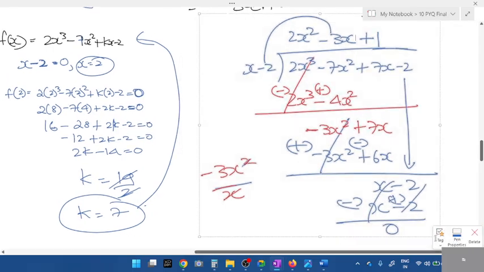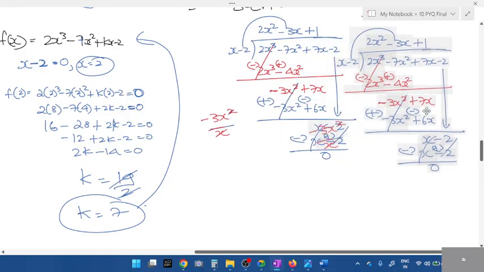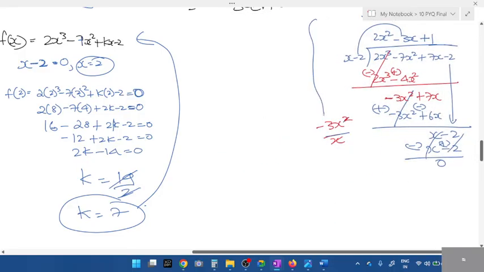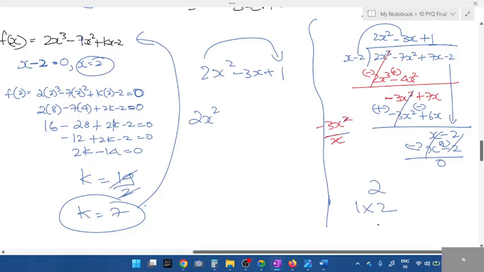So what's the value we have, students? The quotient. We need the quotient value. After dividing, we take the quotient: 2x square minus 3x plus 1. Right? Use the sum and product rule. 2 into 1 is 2, right? So how do you split this middle term?